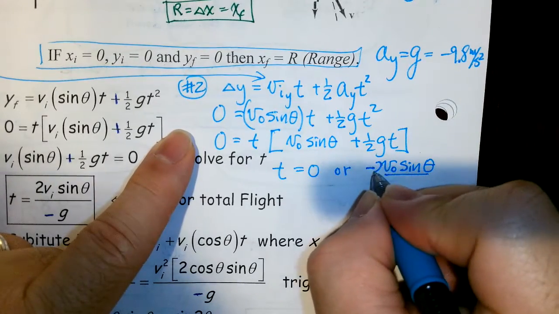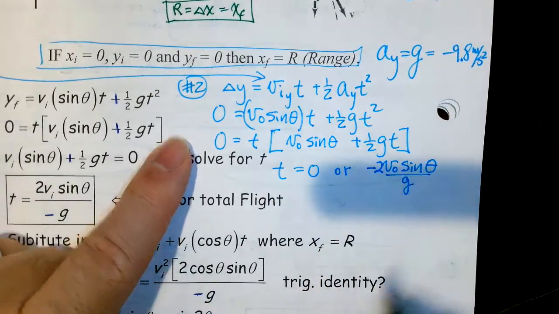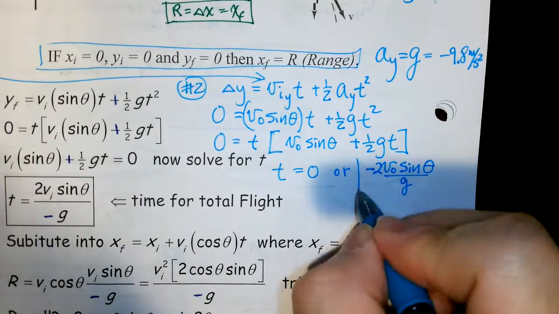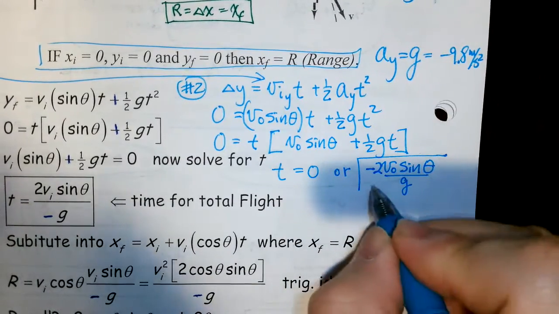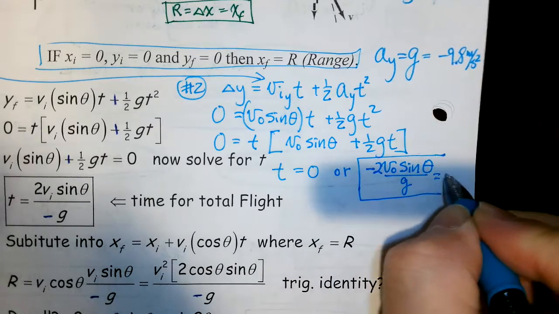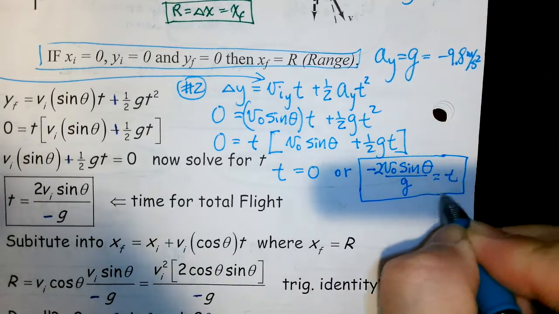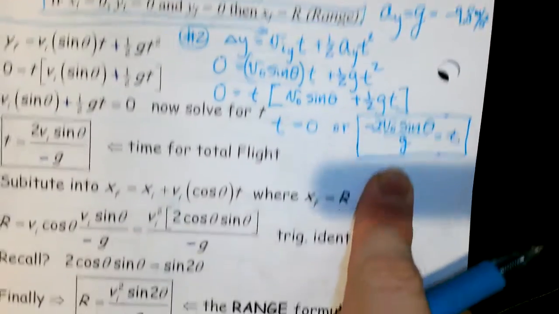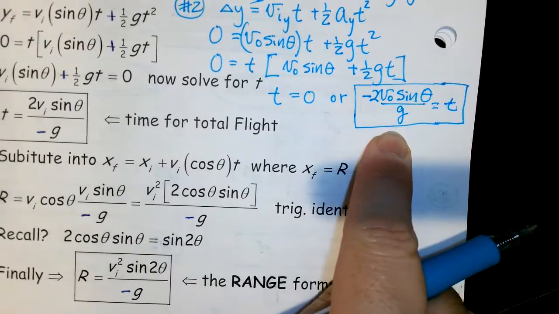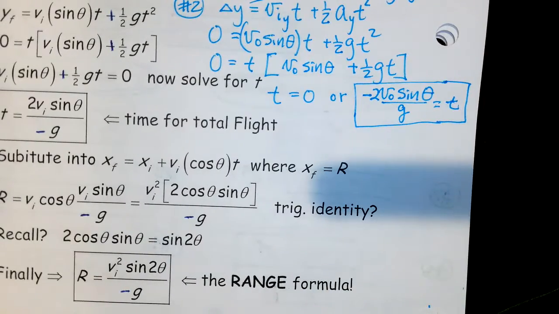So I'm going to put the 2 on the top and g at the bottom. So this is time. Now, if you don't know how I got this, come and see me after school. We'll have a nice long talk. All right?